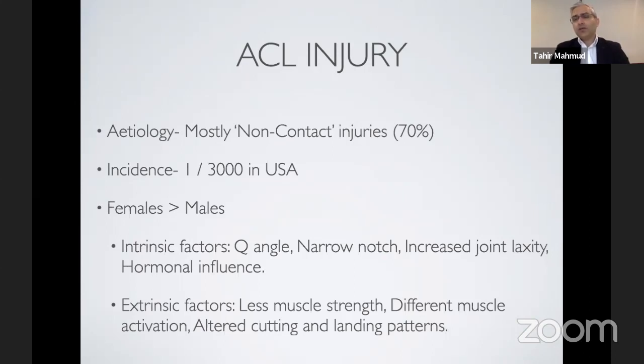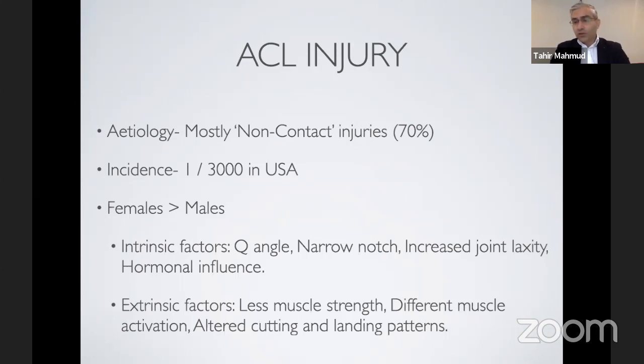It can also occur due to hyperextension or over-straightening of the knee joint, which can occur, for example, in sports where people jump and land, and if they land incorrectly or with their foot not positioned in the right place, the knee can hyperextend, resulting in rupture of the anterior cruciate ligament.